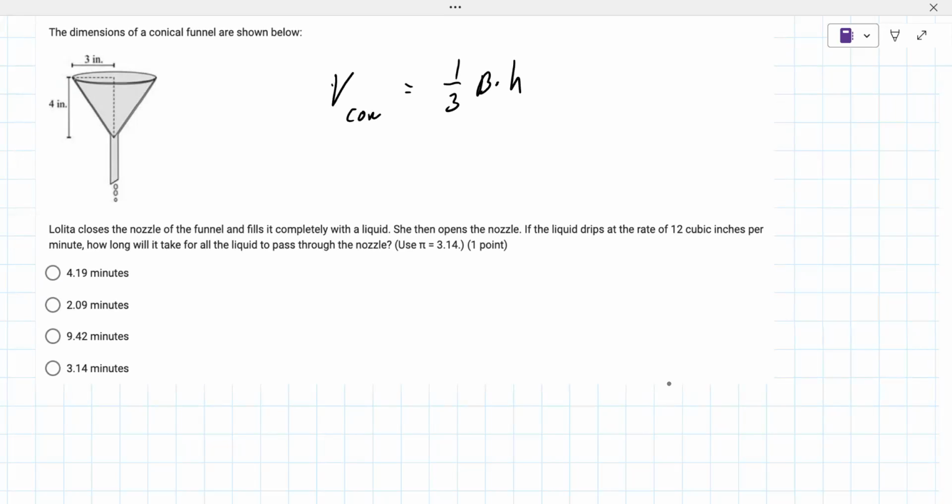So could you do that for us, please? Base, the radius.